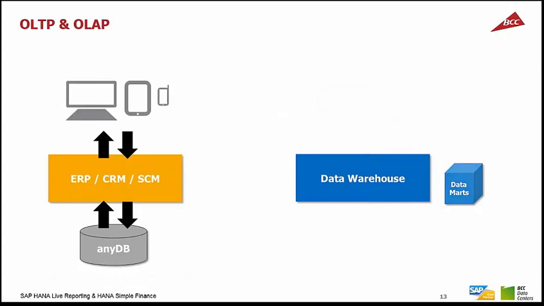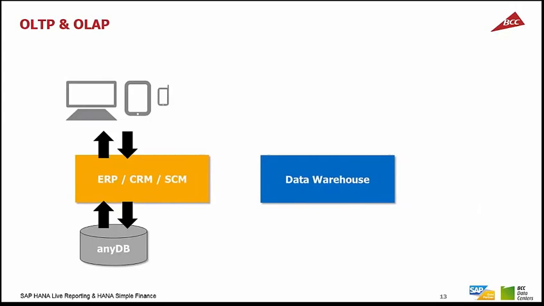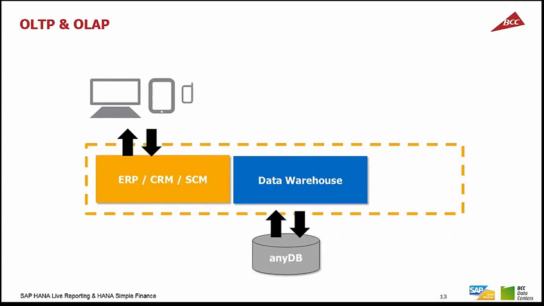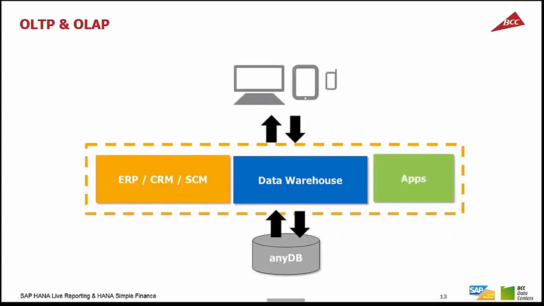As SAP sees it, when SAP HANA comes as the database, the system changes. It changes so much that in one system we can have several applications together on SAP HANA.